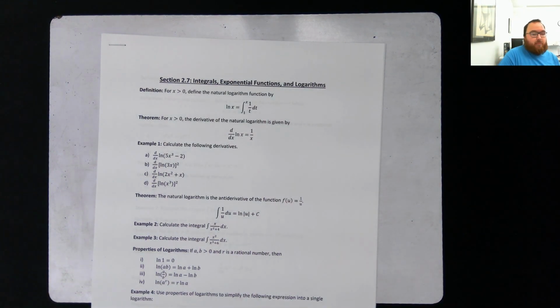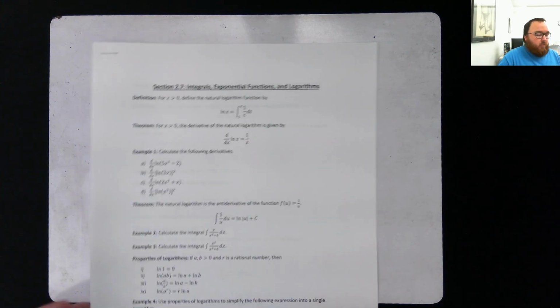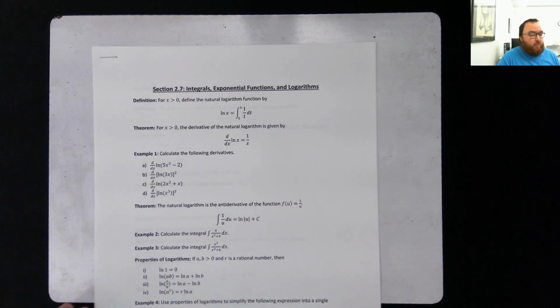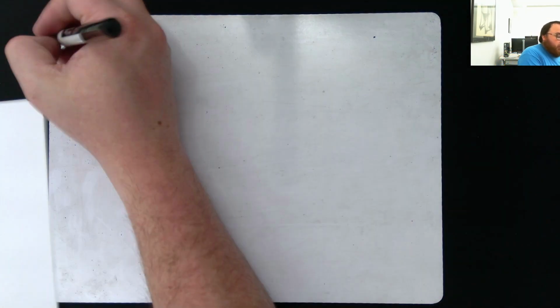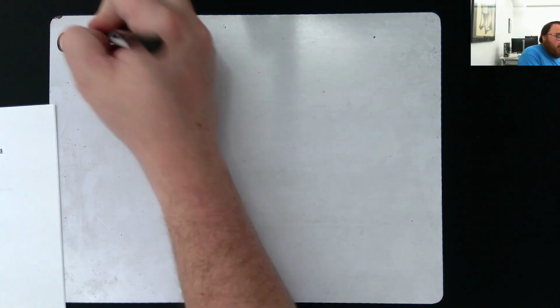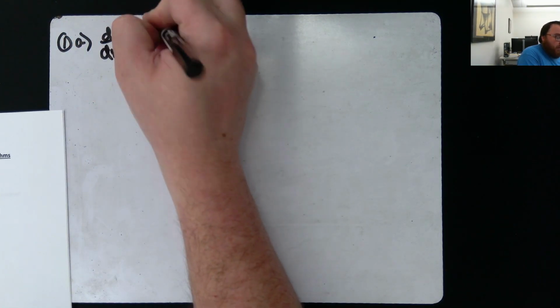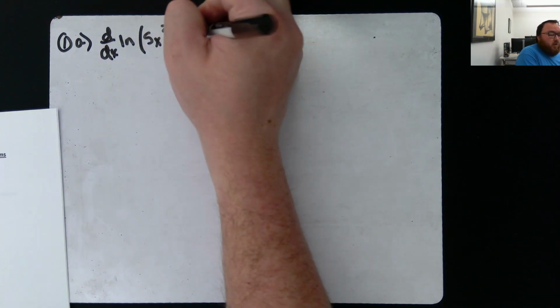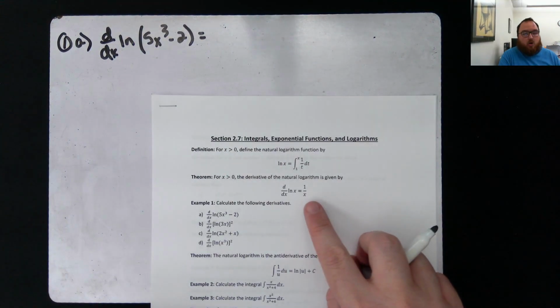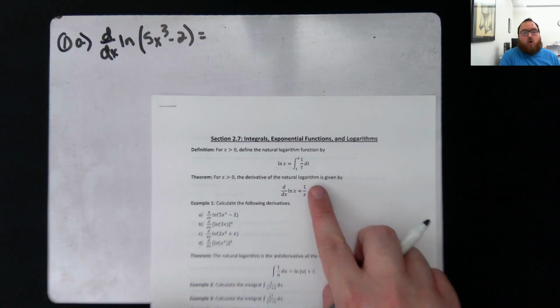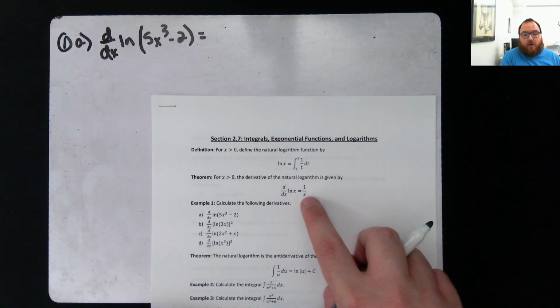So for example, number one asks us to find the derivative of the natural log of 5x cubed minus 2. So example number 1, part A, derivative of the natural log of 5x cubed minus 2. Well, from our rule we just saw, if it's a natural log, it's just 1 divided by that stuff, right?